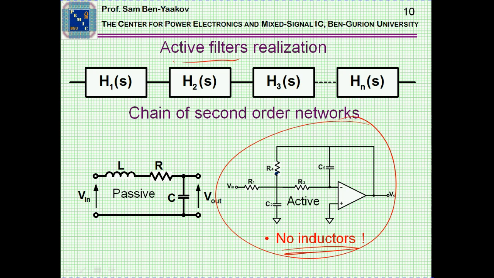This second order transfer function will be a basic building block, and by chaining a number of building blocks like this, we can realize various types of filters. That is, each one will be responsible for at most two poles, and by adding these, we can get whatever filter we would like to build.